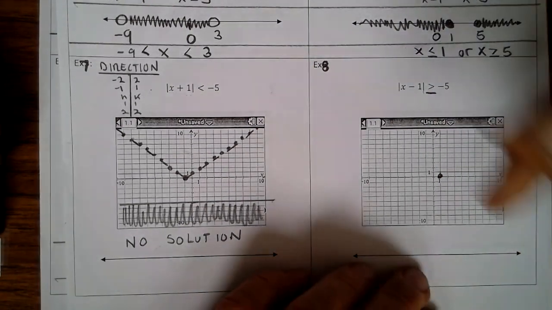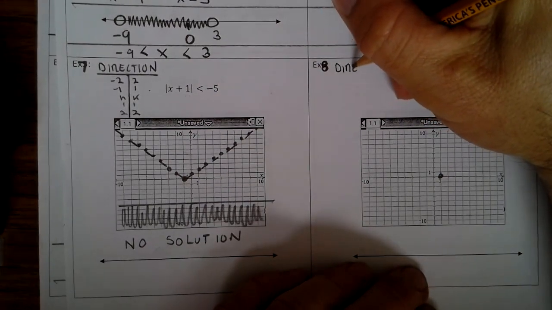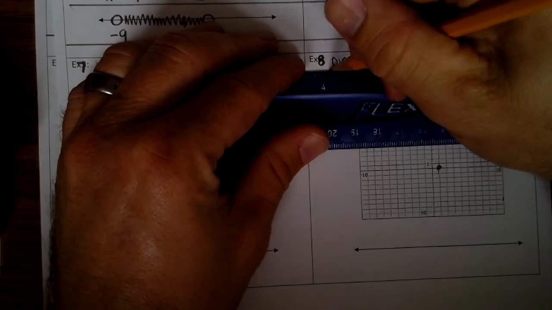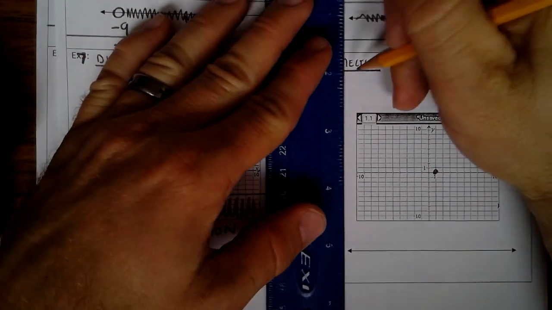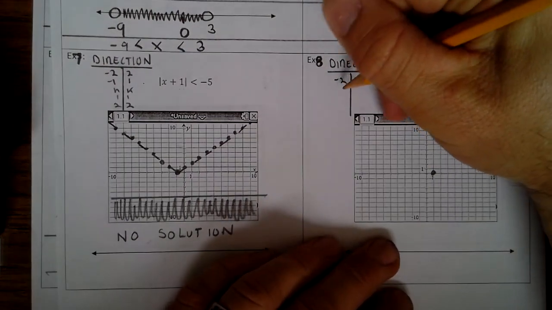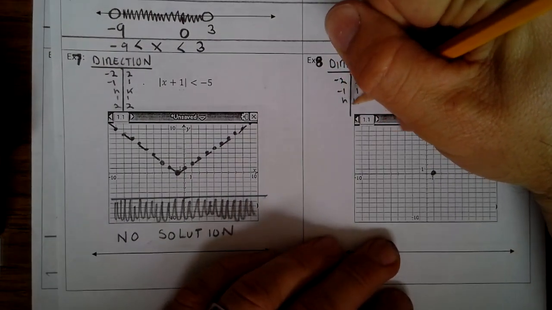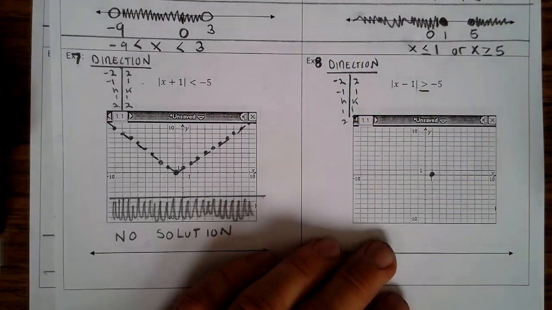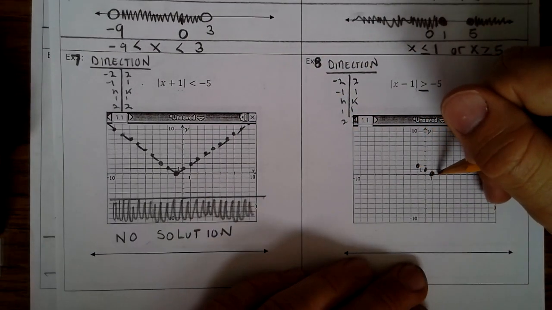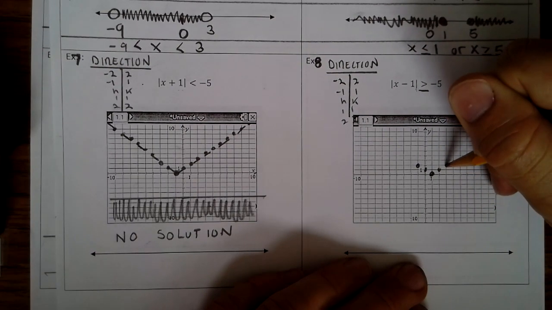Okay, then we graph by direction, which we know is -2, 2, -1, 1, h, k, 1, 1, 2, 2. So we go left 2 up 2, left 1 up 1, right 1 up 1, right 2 up 2.